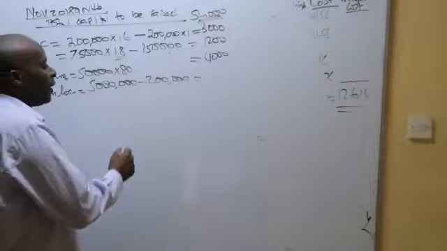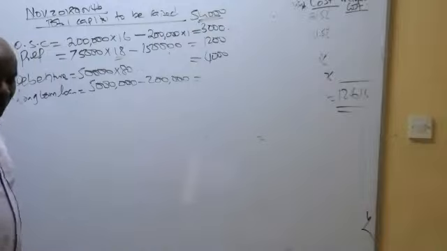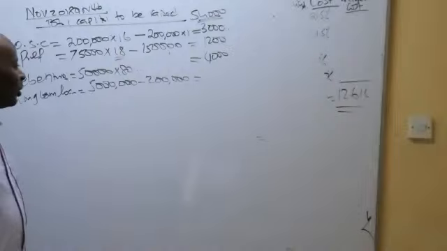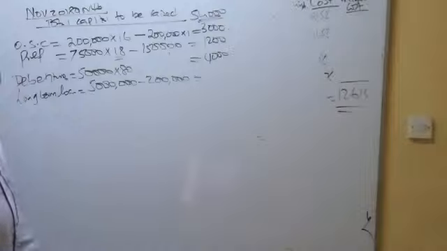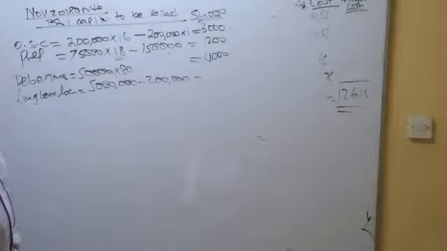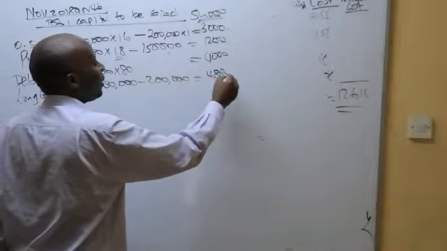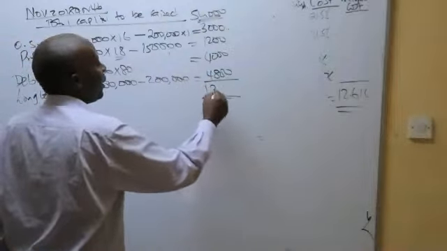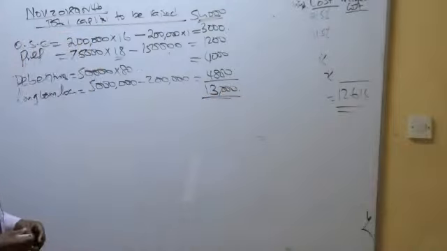So how about the long-term loan? I'm being told it is 4,800. So please come and add. And according to Atho, we should be able to get 13,000 in terms of shillings thousands.